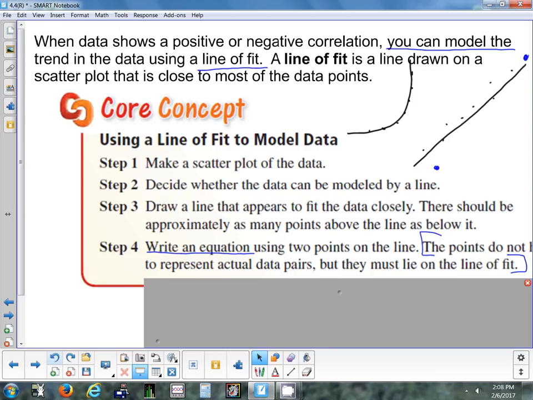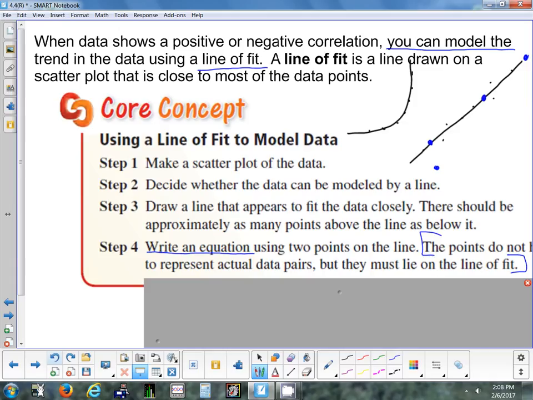You can use any point on this line. If you want to make one up right there, there wasn't one there, but that's fine. Make another one up right there. You can make one up anywhere you want, as long as it's on the line. It doesn't have to be one of the original points.